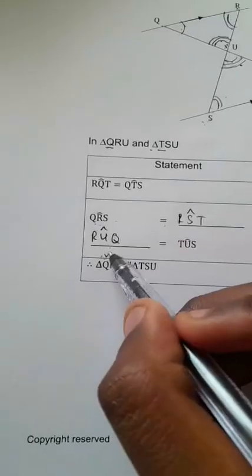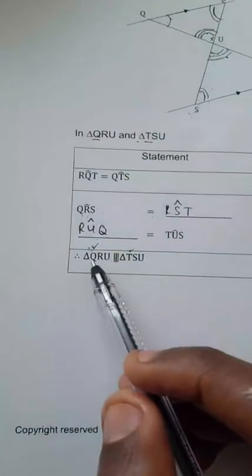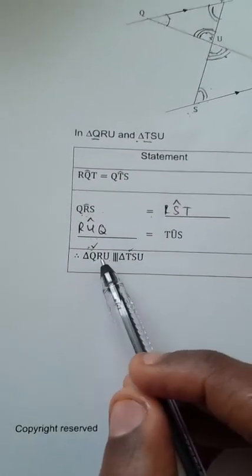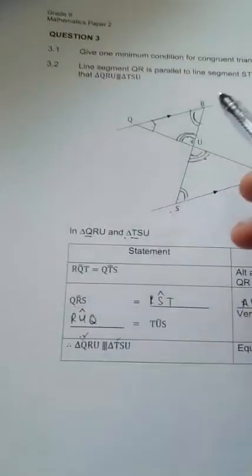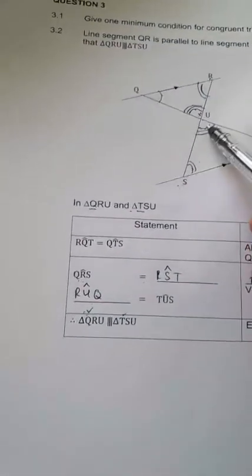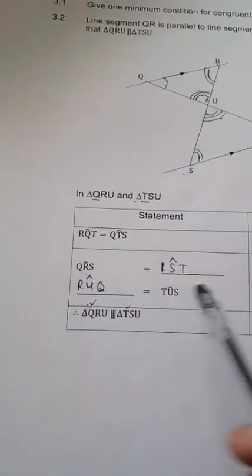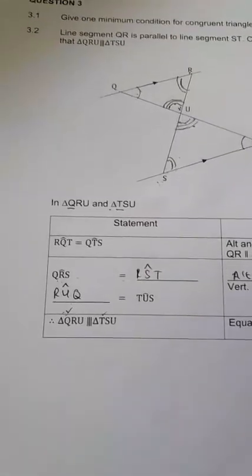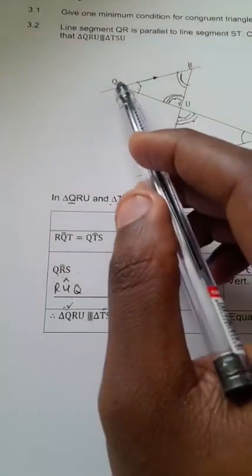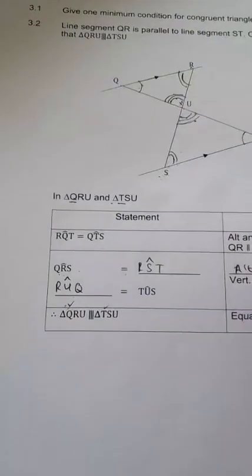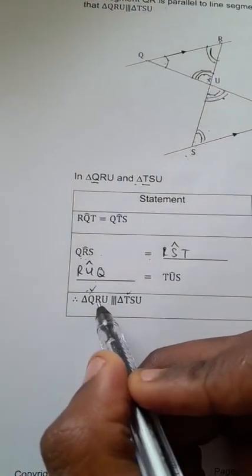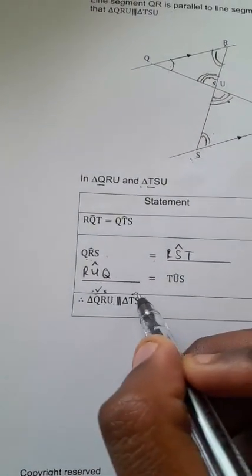So this angle, first place, we know those two angles are equal. This angle R, QRU, we said it's equal to what? That QRU was obviously equal to RST. Look at this. This angle is also equal to that one.